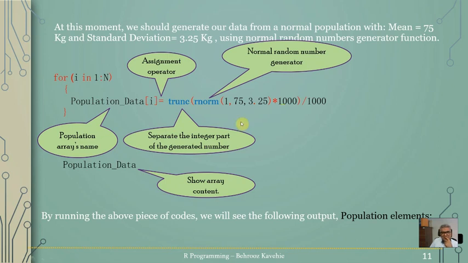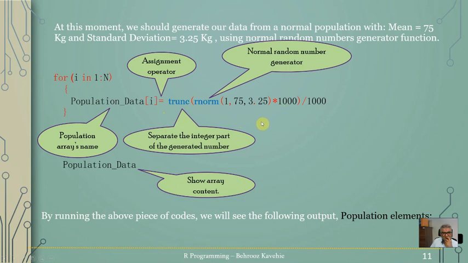That's why we have multiplied by 1000. In this way, the decimal point moves 3 digits to the right, and then the trunc function removes the fractional part, and at the end the number is divided by 1000 to give us those 3 decimal digits.